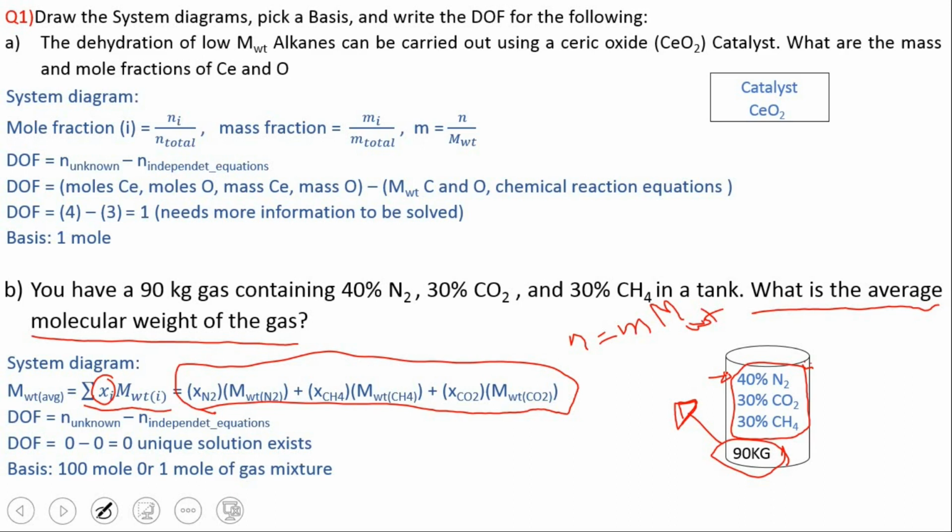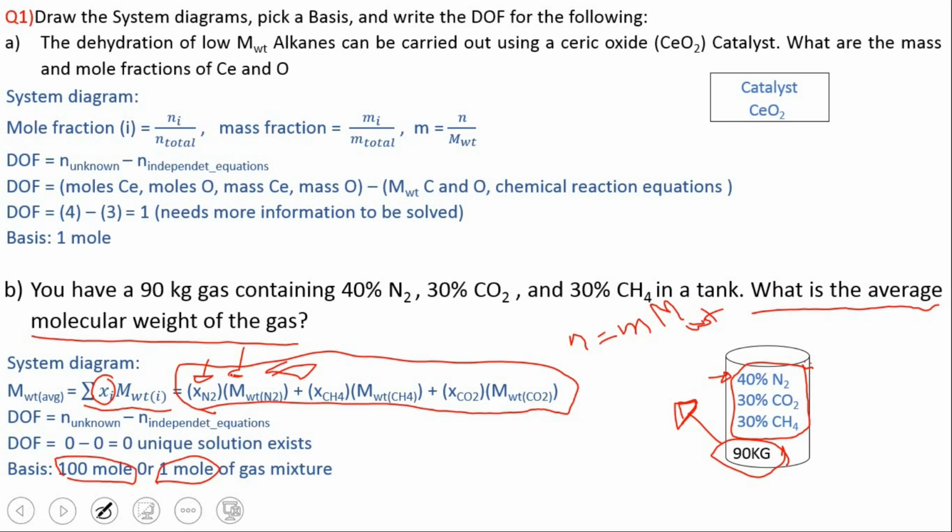So it's easier to pick a basis of 1 mole or 100 moles of the gas mixture and solve this question, because this question doesn't need the mass or moles. It just requires the fractions and molecular weights. And this is the basic idea of a basis: you pick a basis that will let you solve the question in an easy way.